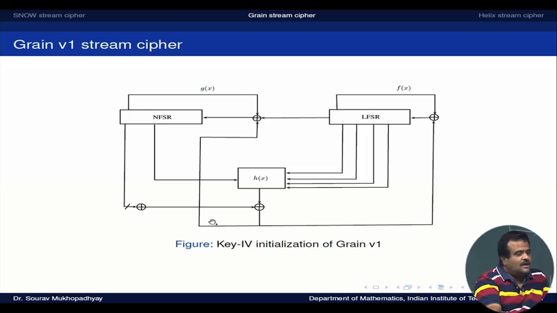So here also we have this key initialization phase. So we have this IV. Here the secret key shared between Alice and Bob is 80 bits.